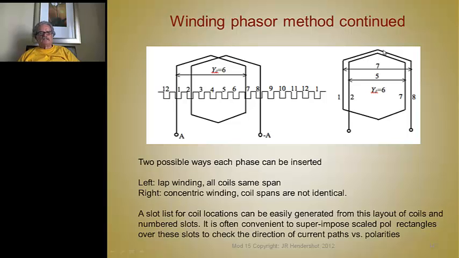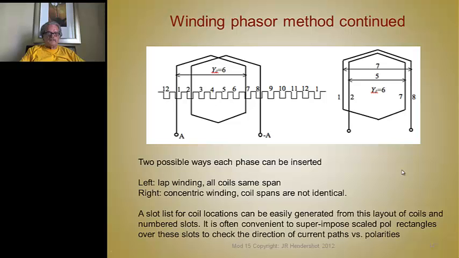This is a little longer, that one's a little shorter, because this one's a span of 7, this over here is a span of 6, so that makes the end turns longer by some amount. But instead of the other coil being a span of 6, it's a span of 5, so the increase in end turn resistance here is compensated for by the decrease in that one, so they come out the same.